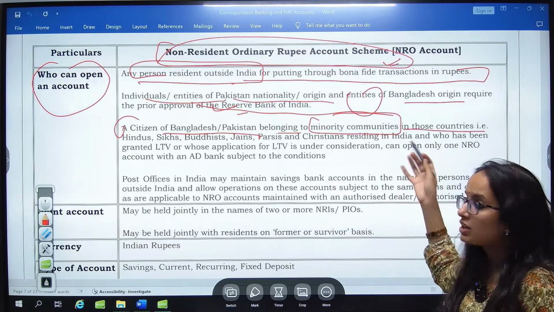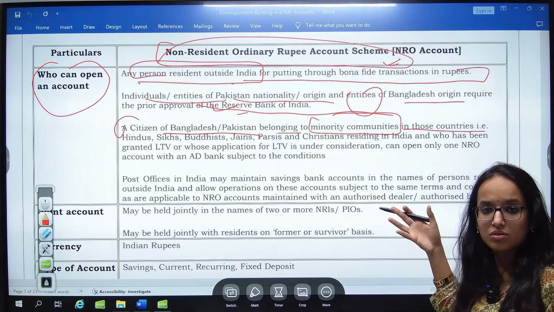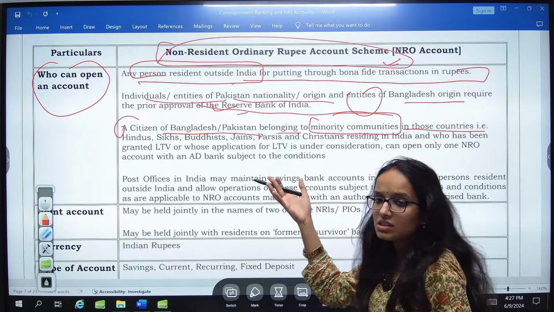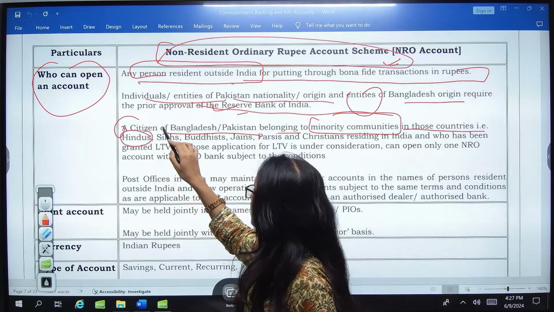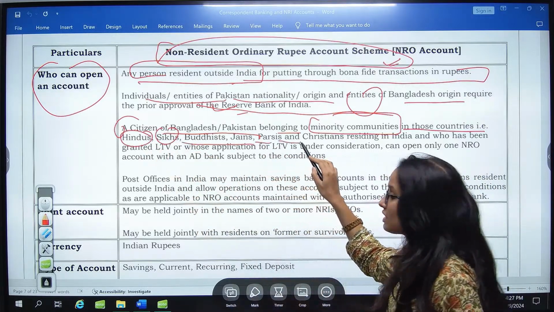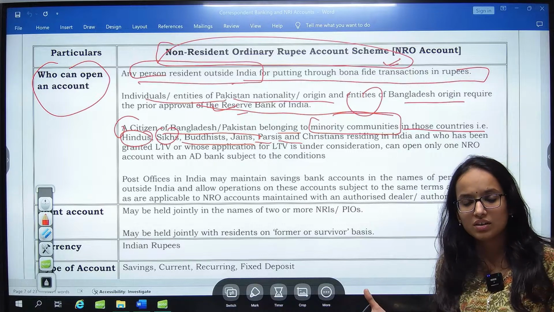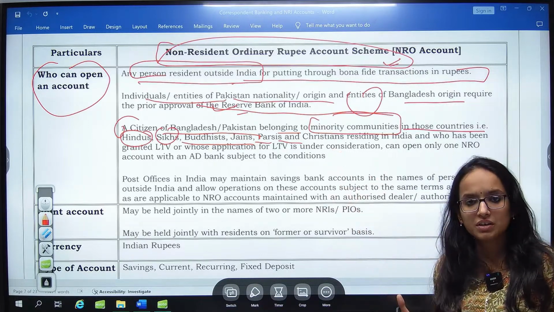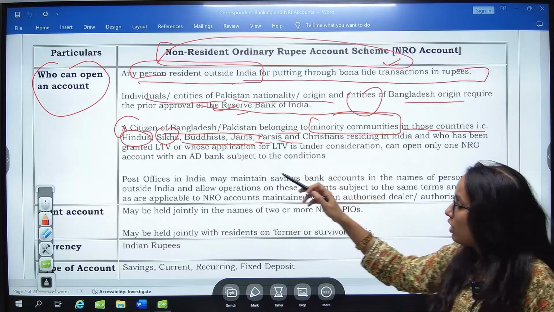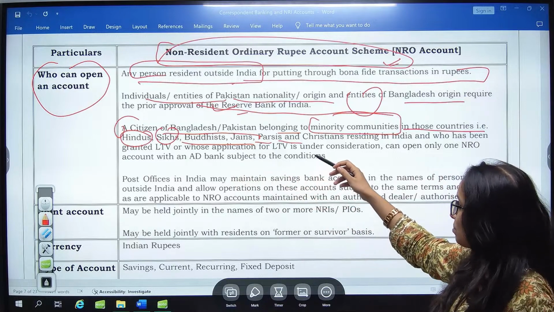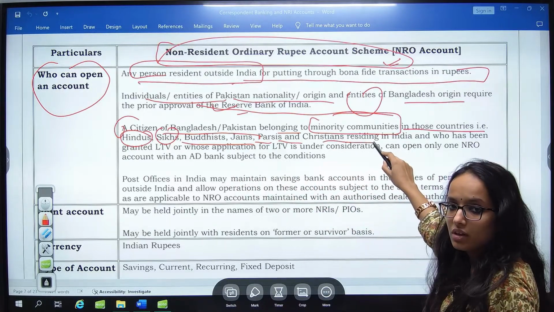Which are minority communities in these countries? As you know, the Hindus, Sikhs, Buddhists, Jains, Parsis and Christians. These are minority there, right? Because these are Muslim dominated countries, okay.